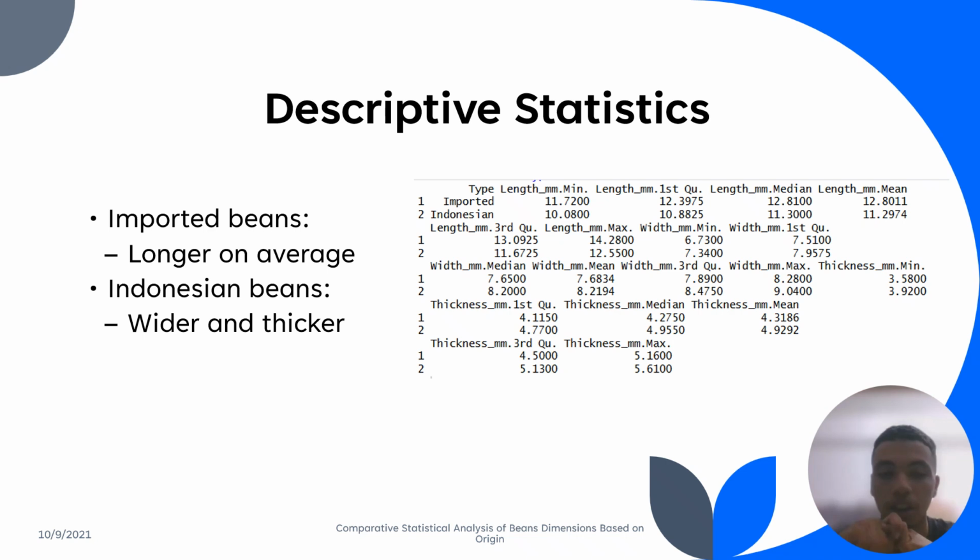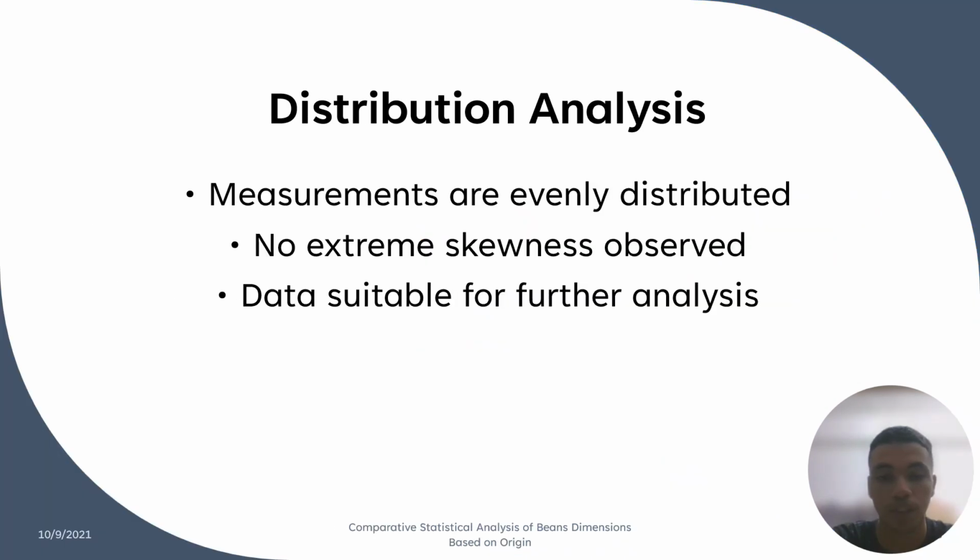However, Indonesian beans have greater average width and thickness also. This indicates that imported beans tend to be longer, while Indonesian beans are generally wider and thicker. Okay, let's move to the next.